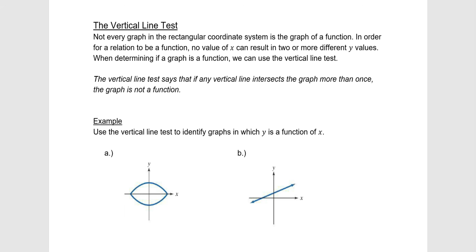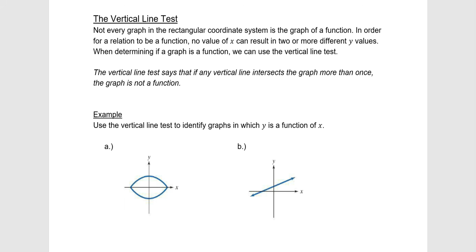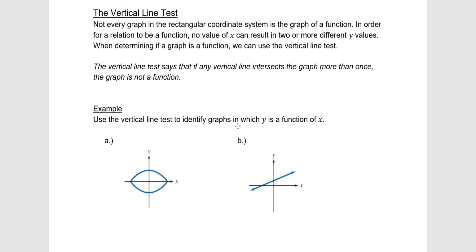Okay, so the next thing is the vertical line test. If we have the graph of an equation and we want to determine whether or not it's a function, we can't do it the two previous ways that we used to check if a relation or an equation was a function, because now we have the graph.